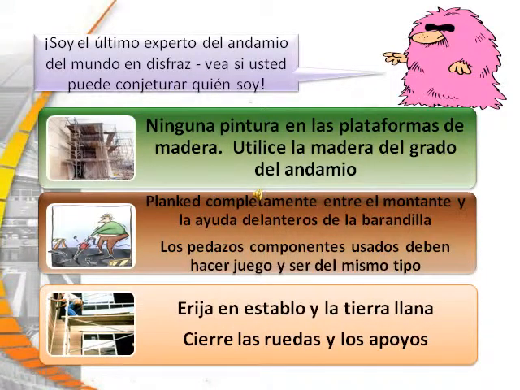Scaffolding safety includes no painting on wood platforms, using scaffold grade wood, a fully planked front upright and guardrail support, using component pieces that must be matched of the same type, and erecting on stable and level ground, locking the wheels and braces.